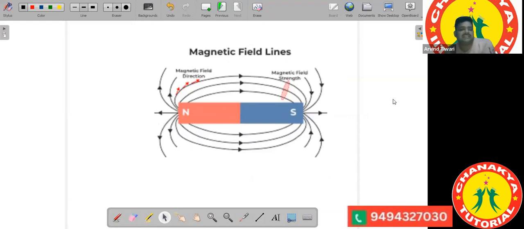What does this direction represent? If I place a compass at this point, the compass needle will point along this direction. If I place a compass needle over here, it will point along this direction. If I place it at this point, it will point along this direction. I hope you have understood the meaning of the direction of the field lines.